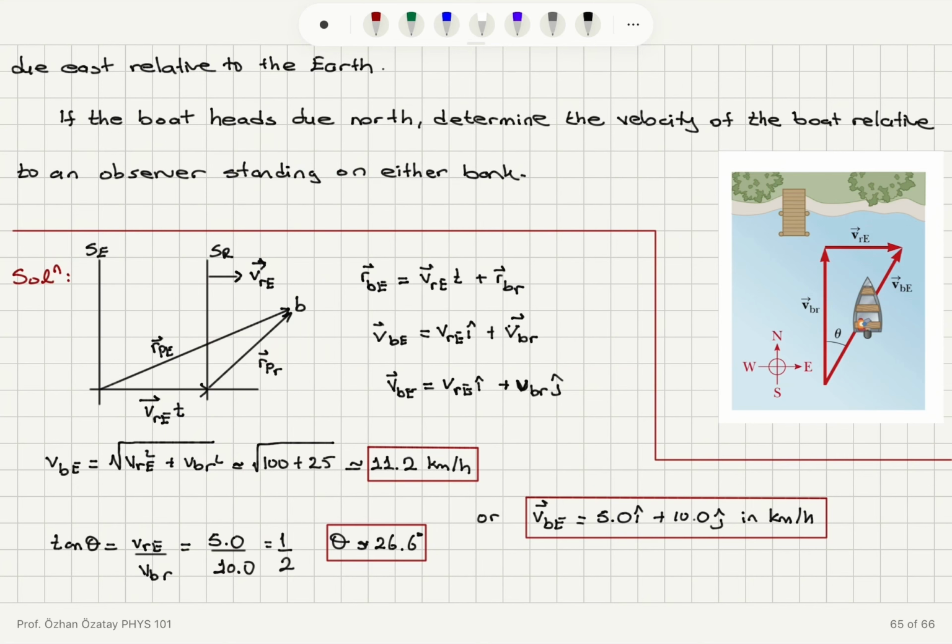So in this case, we had a boat that was heading due north, but because the river was moving at a constant speed with respect to the Earth reference frame due east, we find that the boat actually moves with respect to the Earth, making an angle theta with respect to north, and its velocity vector can be found by looking at the velocity vector with respect to the Earth of the river, VRE I hat, plus the velocity of the boat with respect to the river, VBR J hat, gives me the answer that I'm looking for.